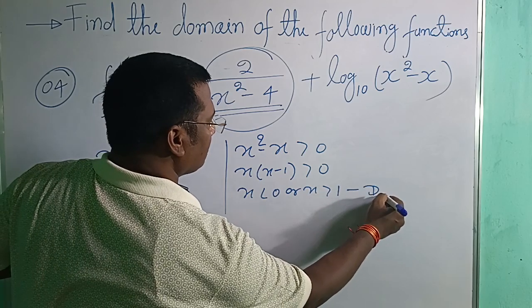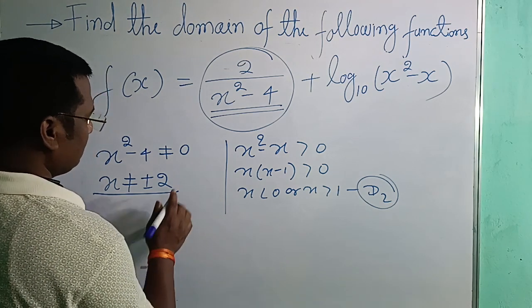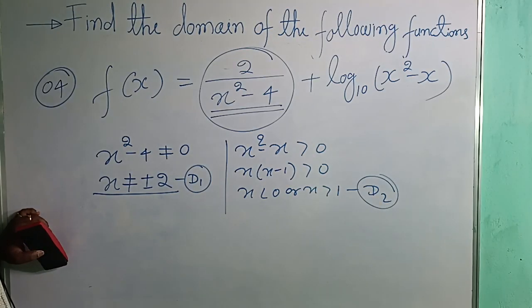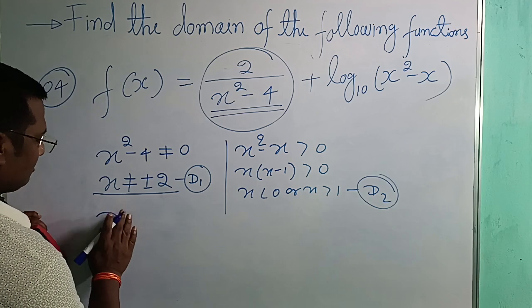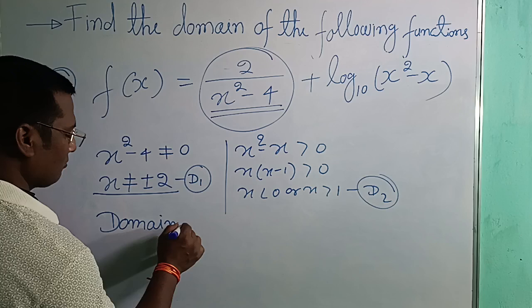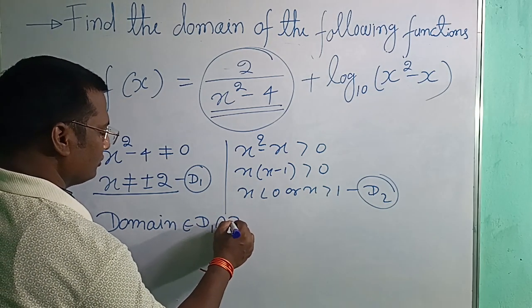This is domain second. Okay. Now you can say this is domain 1. Now the domain belongs to D1 intersection D2.